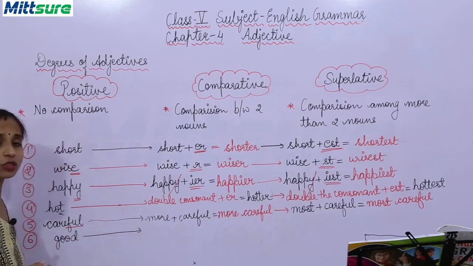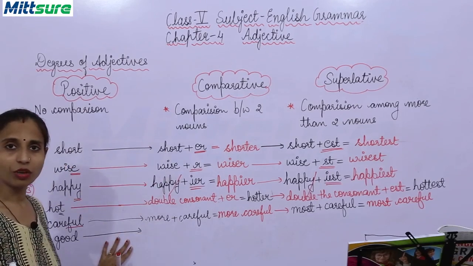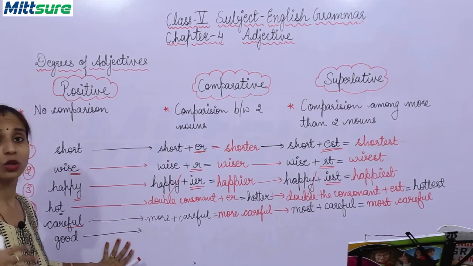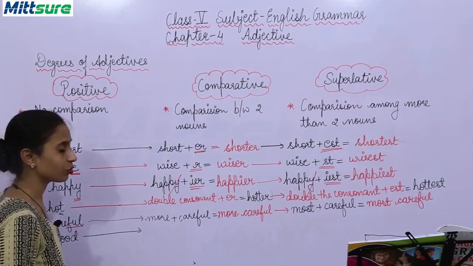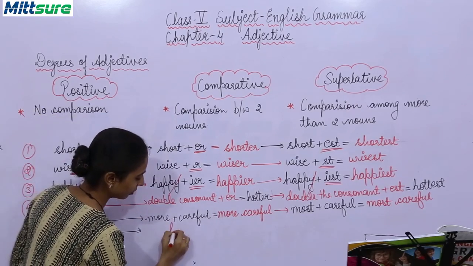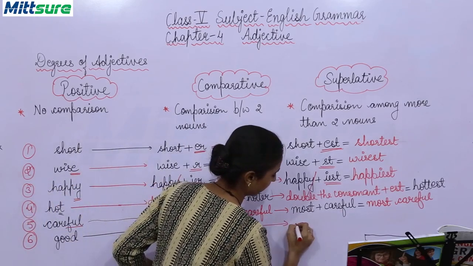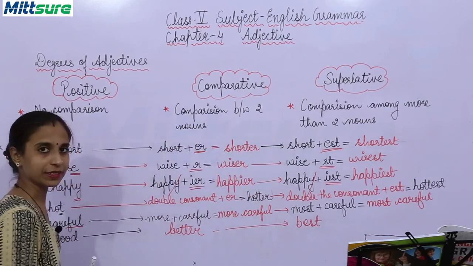When we change good into the comparative degree, we do not say gooder. No. What are we going to do? We are just going to change the word. Good, better, and in the superlative degree it will be best. Good, better, best.